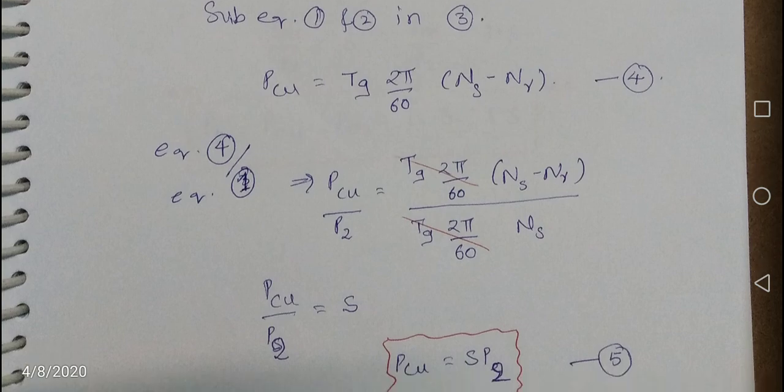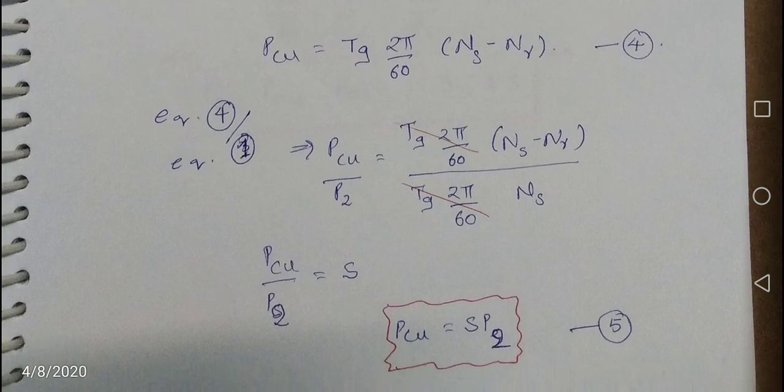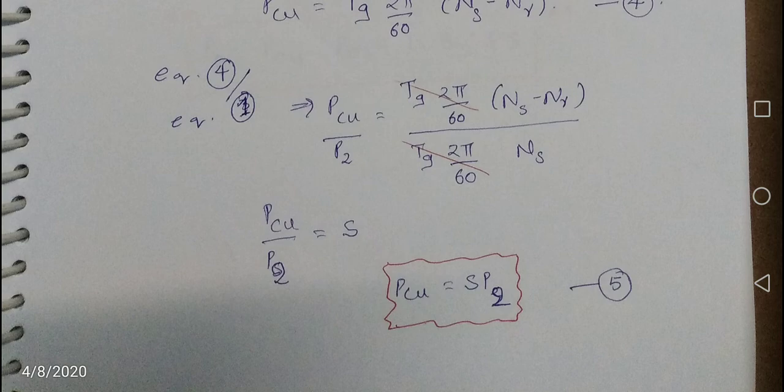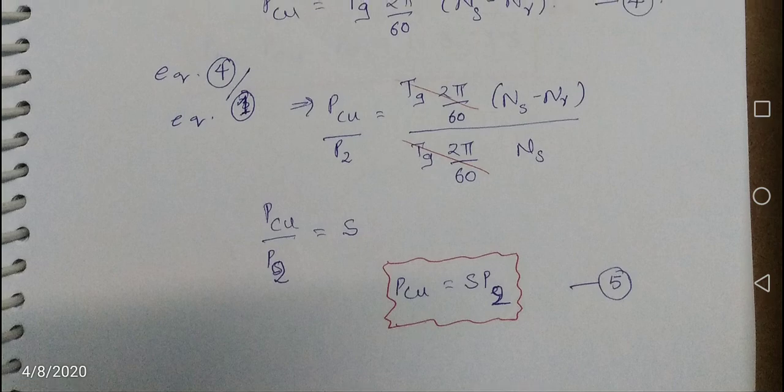Cancel the common Tz 2 pi by 60. The remaining answer is ns minus nr by ns. So PCU by P2 equals ns minus nr by ns, which is the slip S. So PCU by P2 equals S, which can be written as PCU equals S P2.